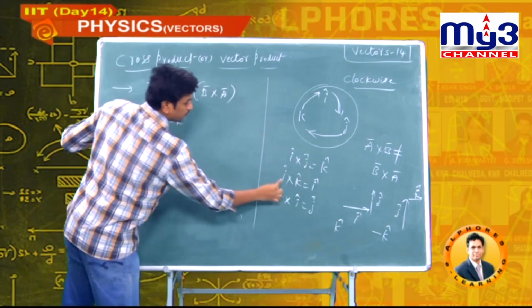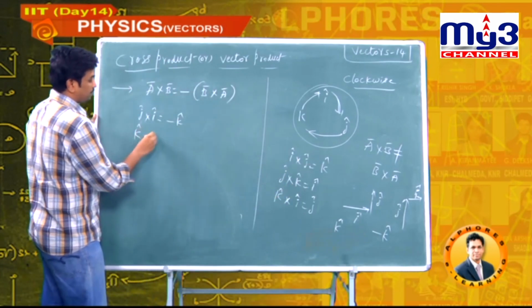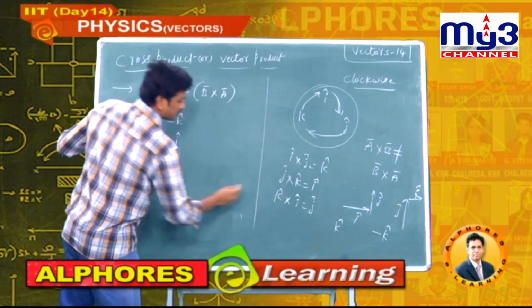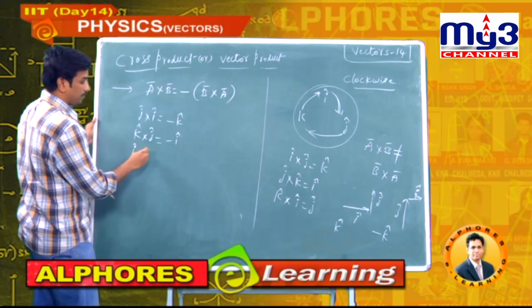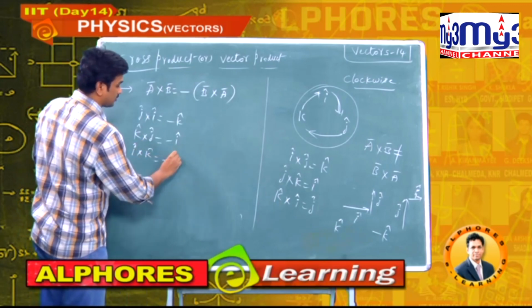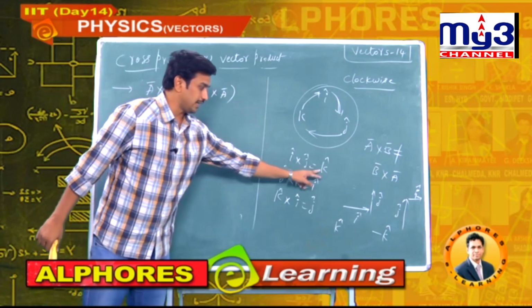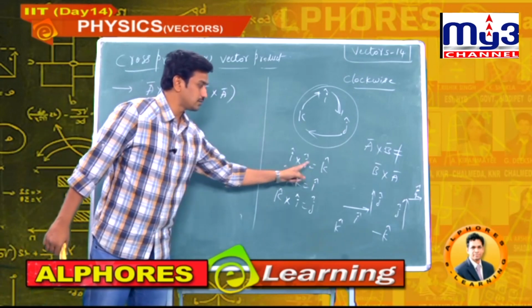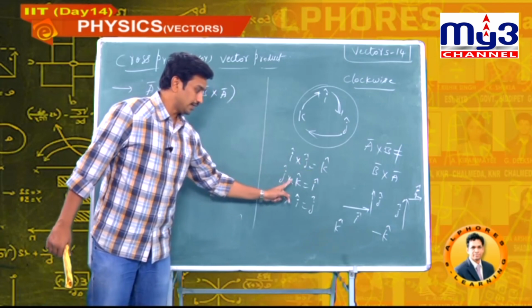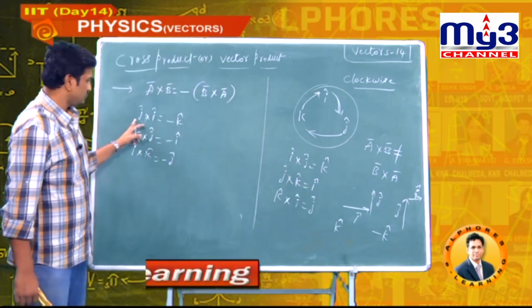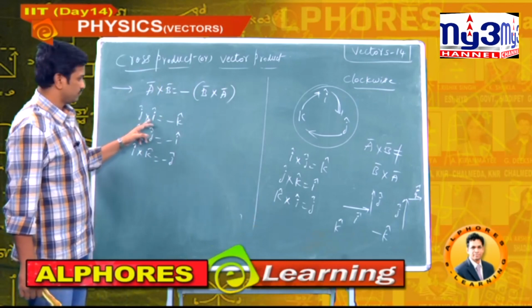Reverse of these two, k cap cross j cap is minus i cap. Reverse of this, i cap cross k cap is equal to minus j cap. So i cross j is k, reverse, j cross i is minus k. J cross k is i, reverse, k cross j is minus i cap. I think you got the clarity about it.